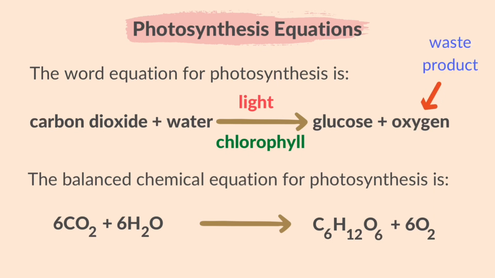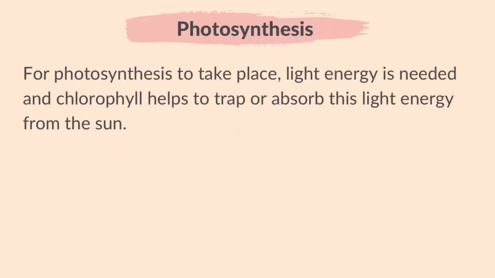So as you can see, oxygen is also made in this process and released as a waste product. For photosynthesis to take place, light energy is needed and chlorophyll helps to trap or absorb this light energy from the sun.